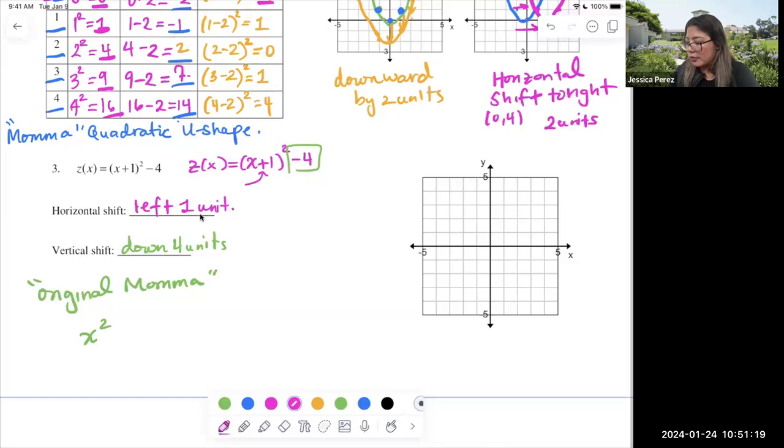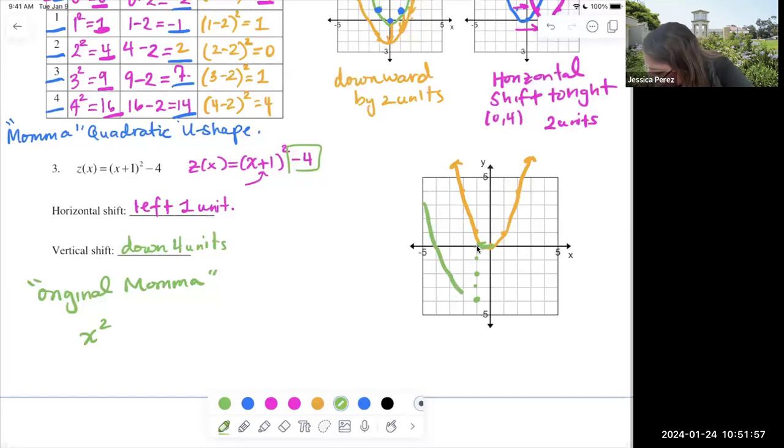So then if we graph the original function mama, 1, 1, 2, 4, the orange is mama function, the original. Now without having to do a table, we know that the inside is left 1 unit, down 4. So from this point, I'm going to go left 1 unit and then down 4, 1, 2, 3, 4 right there.